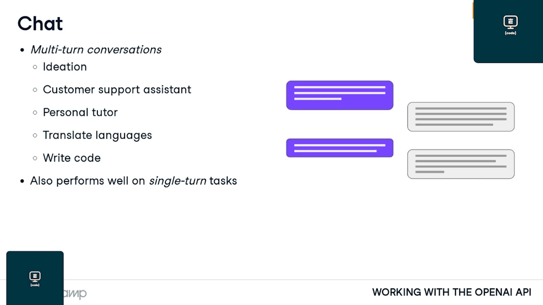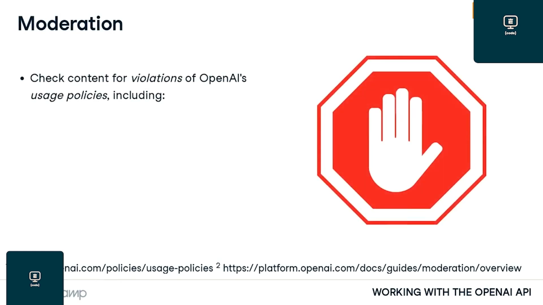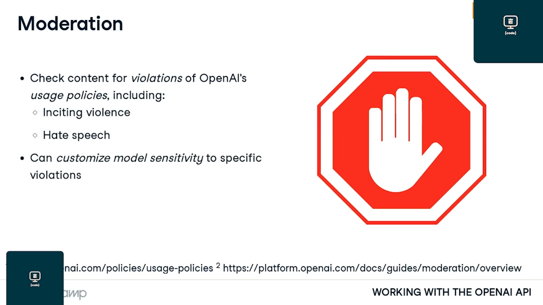The OpenAI package provides the ChatCompletion class for accessing the chat endpoint, but we'll cover how to use chat later in the course. The moderation endpoint is used to check whether content violates OpenAI's usage policies, such as inciting violence or promoting hate speech. The sensitivity of the model to different types of violations can be customized for specific use cases that may require stricter or more lenient moderation.